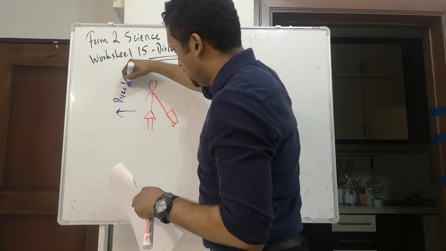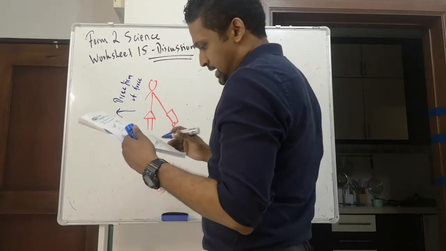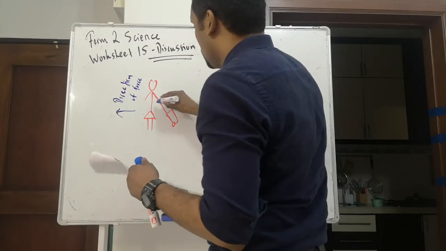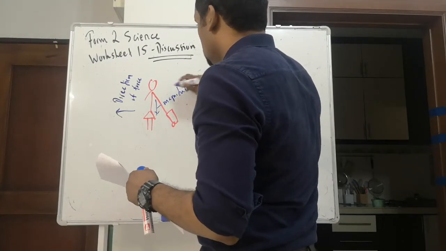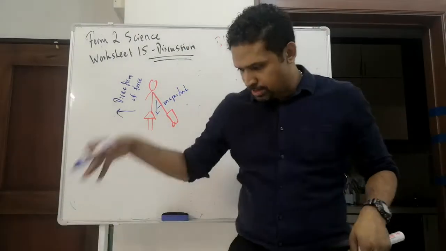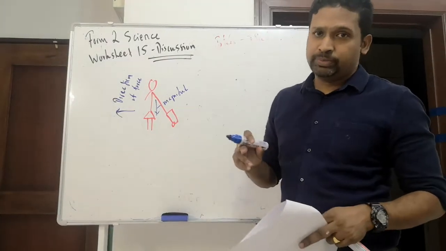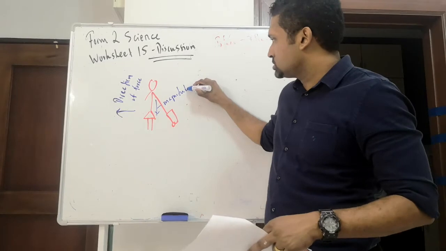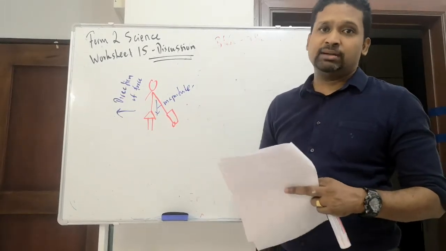Then another thing they ask here is the magnitude of force. She's pulling, so the magnitude of force is towards the back, towards the trolley back. So this is the magnitude of force, and this is the direction of force. You must label in the diagram itself.